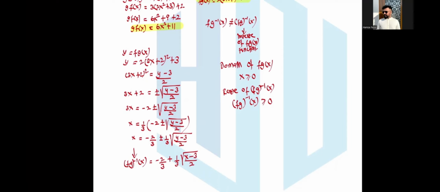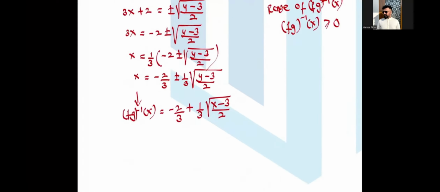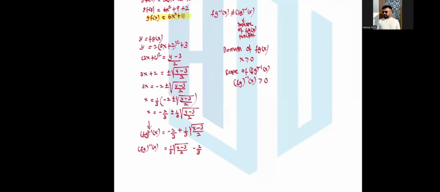Either you can write your answer in this way, or you can first write 1 over 3 multiplied by the square root of (x minus 3) over 2 and then minus 2 over 3. Both ways would be acceptable. All right, so here is the inverse of this f(g(x)) function.